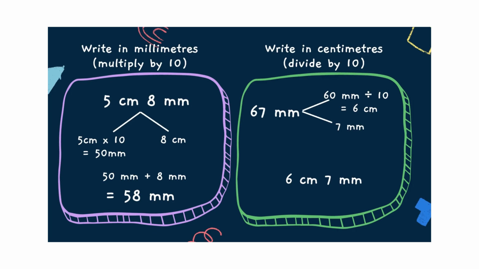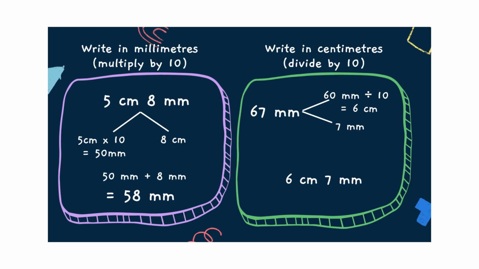So we'll just break it up into two first. 5 centimeter and 8 millimeter. Sorry for the error there. So 5 centimeter multiplied by 10 is equal to 50 millimeter, plus 8 millimeter, that will give you 58 millimeters.